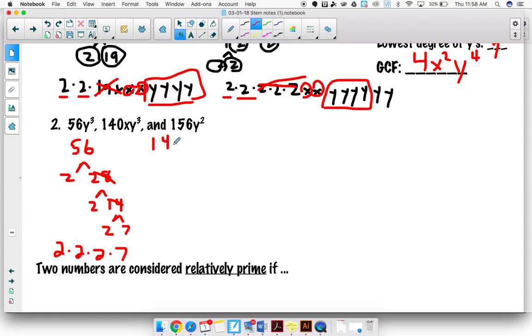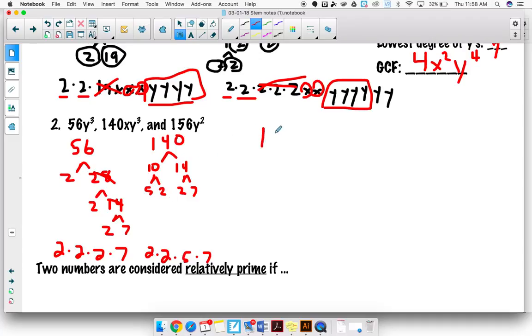All right, let's do 140. I'm going to do 10 and 14. And then 10 could break down to 5 and 2. And then 14 could break down to 2 and 7. So we get 2 times 2 times 5 times 7. I always put them in order and go small to big. It just seems easier.